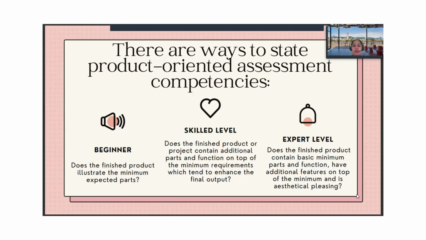For the beginner: does the finished product illustrate the minimum expected parts? For skilled level: does the finished product contain additional parts and functions on top of the minimum requirements which tend to enhance the final output? For expert level: does the finished product contain the basic minimum parts and functions, have additional features on top of the minimum, and is it aesthetically pleasing?